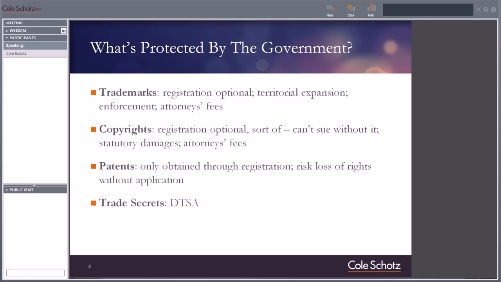And just a note on the mechanics. With all of these registration mechanisms, you can pursue them on your own. We see that most in the context of trademarks, although a lot of times we see clients that come in after they've done their own work initially and then realize that they need help once the process is in motion.